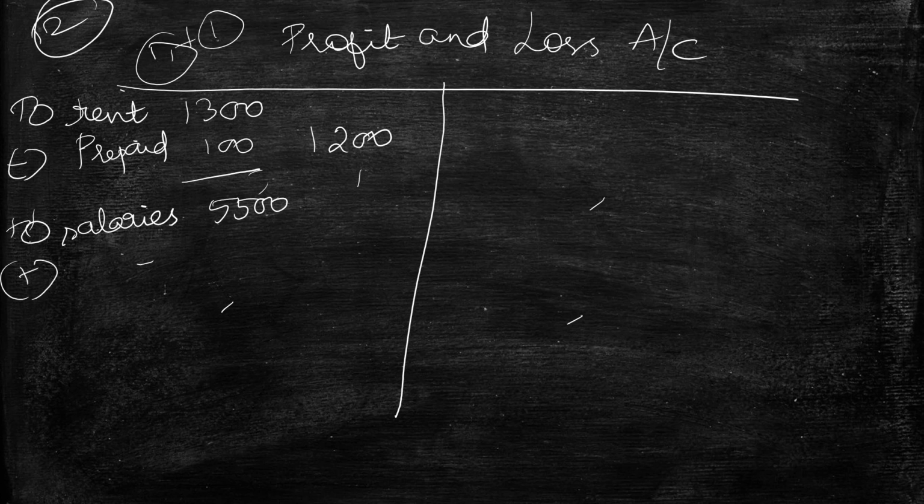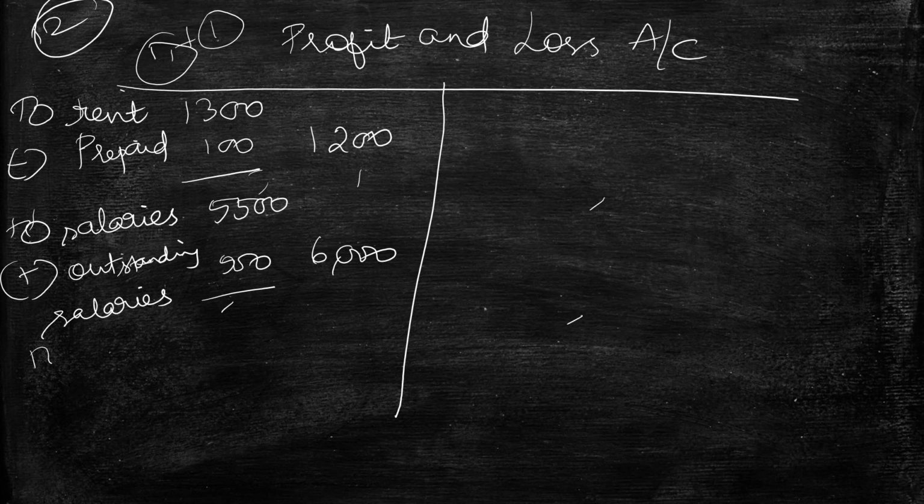So I am going to enter outstanding salary, which is 500 rupees, which is given in the adjustment side. So the total is 6,000 rupees salary belonging to the accounting period.